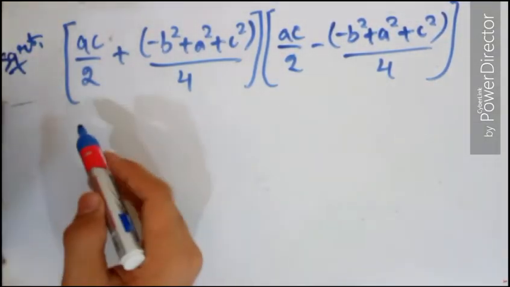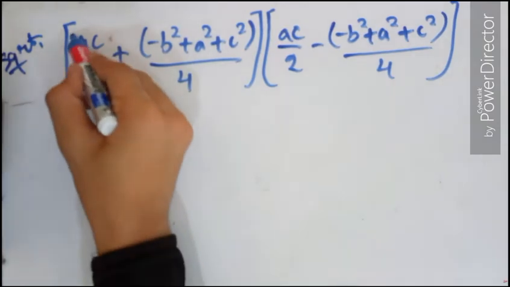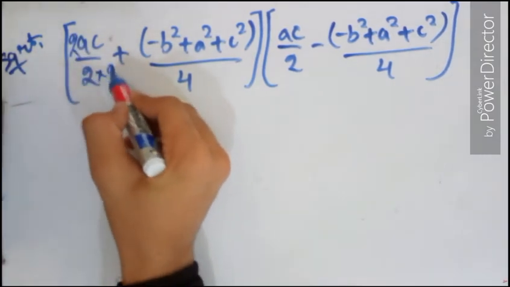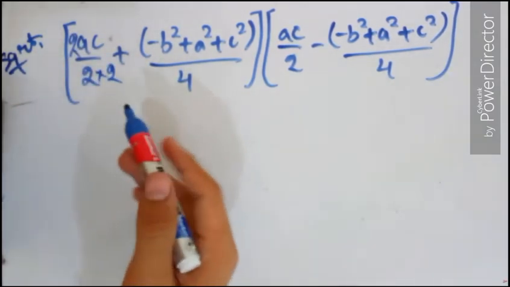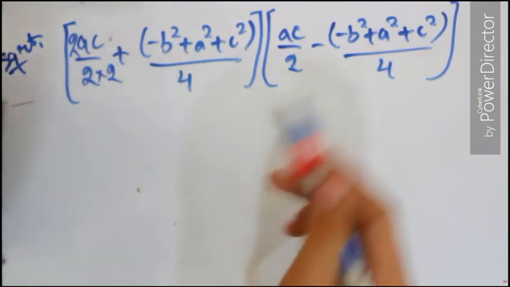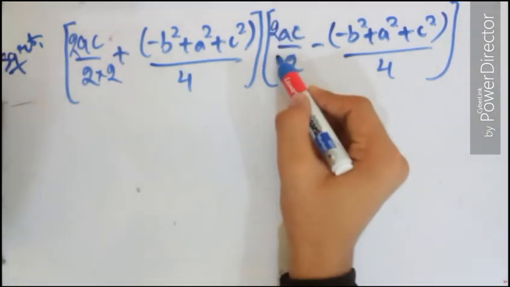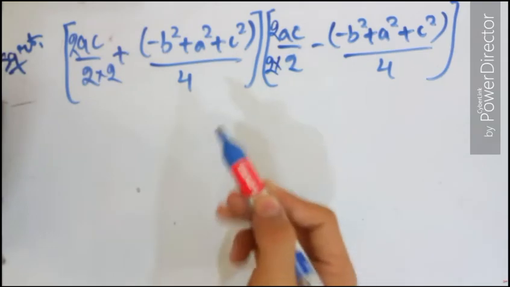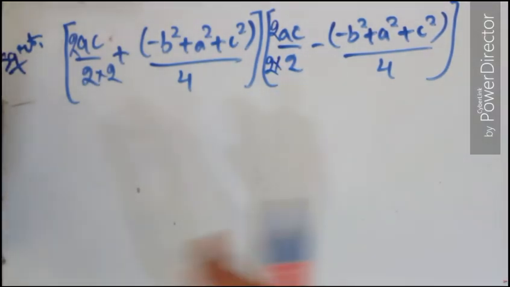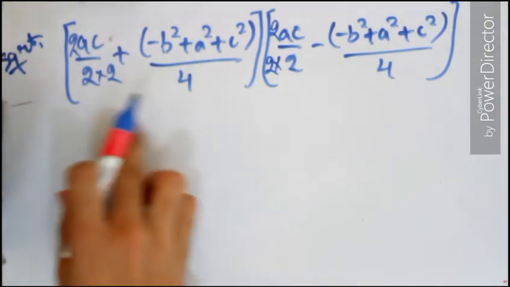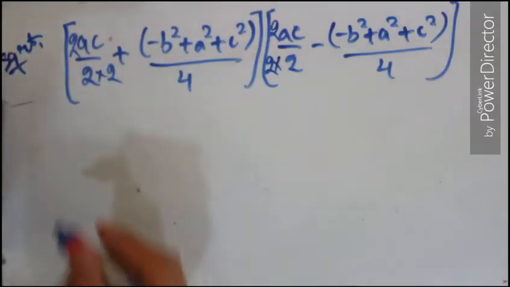So we can write this. We multiply the denominator and the numerator by 2, so that we can get the denominator same for both the fractions. So we get here 2ac upon 4, 2ac upon 4. We can write it under common denominator.